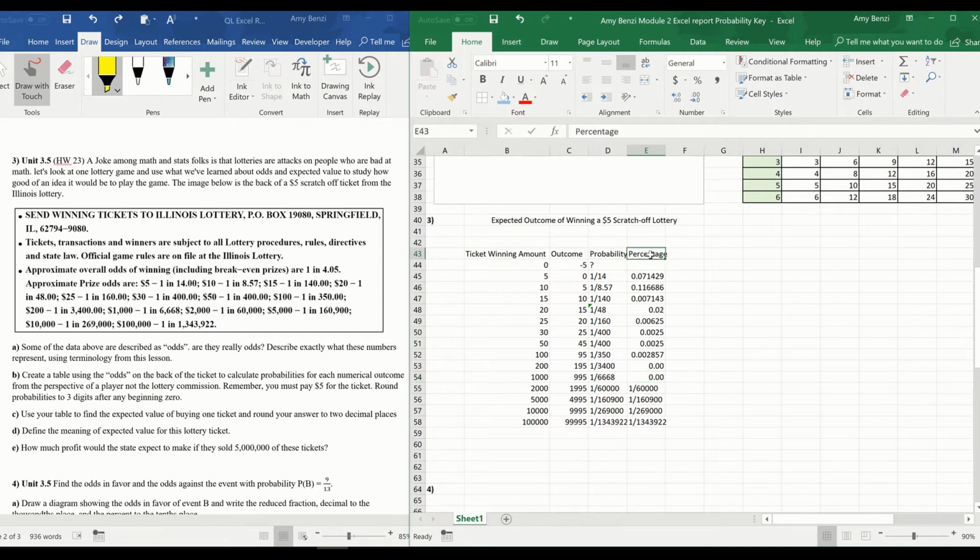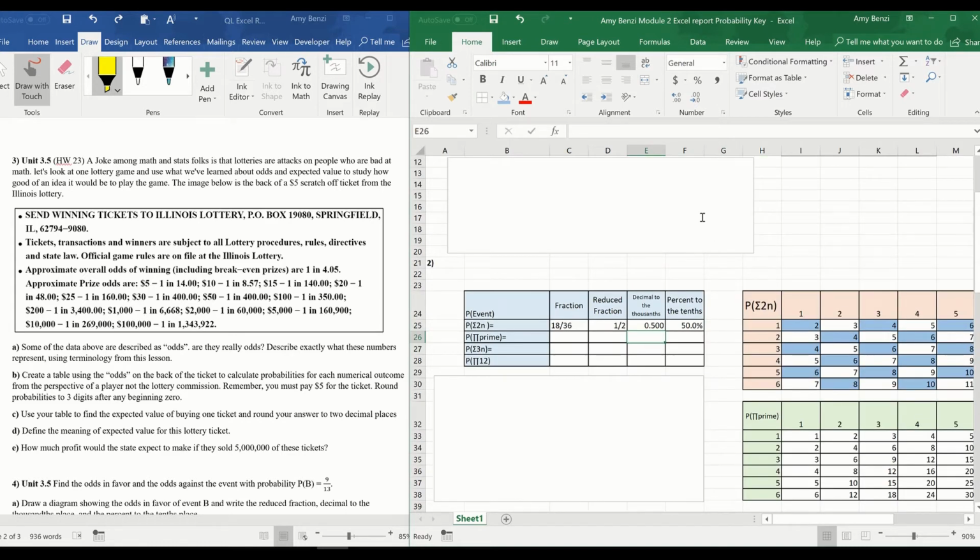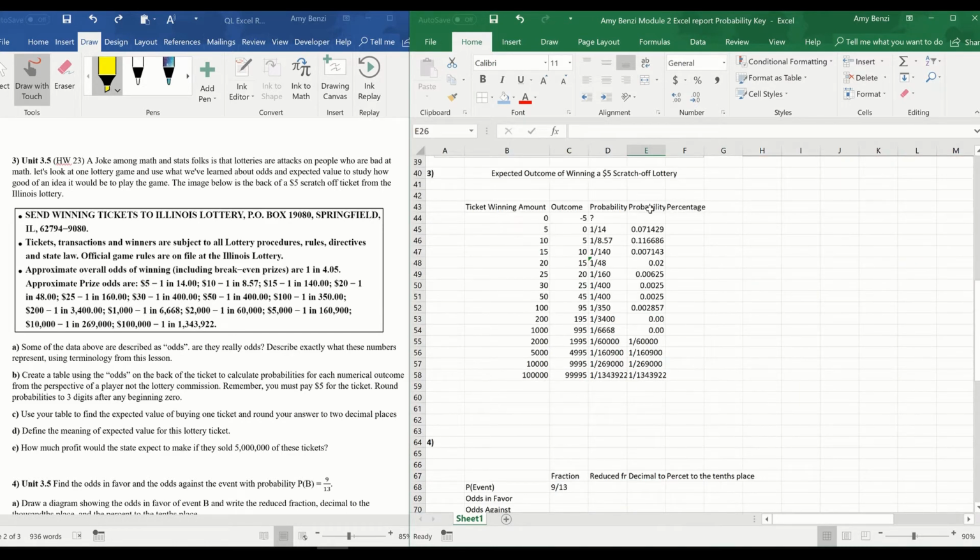This percentage, I'm going to scoot over here, and then I'm going to let this one still be probability as a fraction, and this one probability as a decimal.